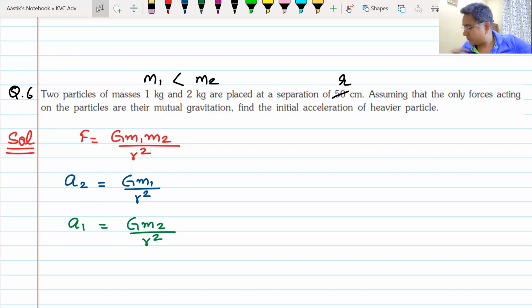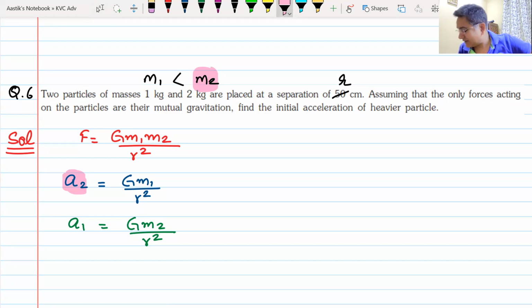Now, why is this body of mass M2 experiencing this acceleration? It is because of the gravitational force created by the mass M1.